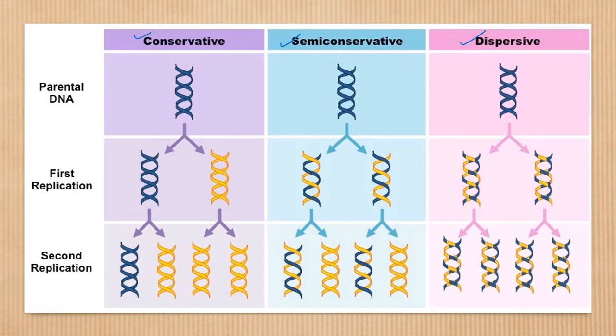So what is semi-conservative replication? DNA produces new DNA molecules. Here the newly formed DNA molecule consists of one old DNA strand and another is a newly synthesized DNA strand.